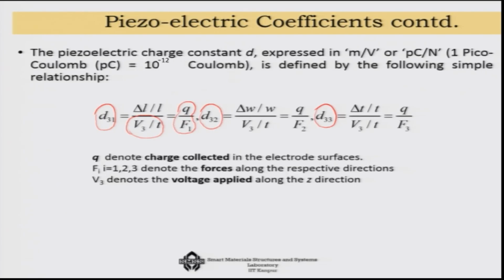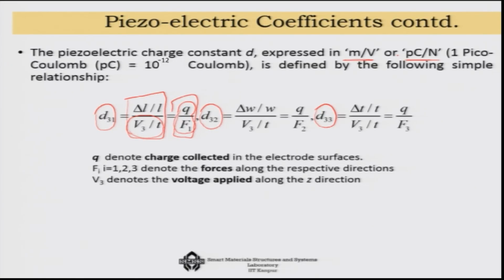So, basically for all these piezoelectric charge constants, the units could be either in terms of meter per volt, which follows this part of the relationship, or in terms of the sensor part of the relationship, where it is picocoulomb per Newton.